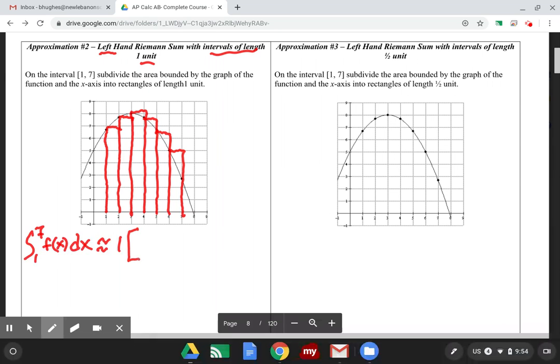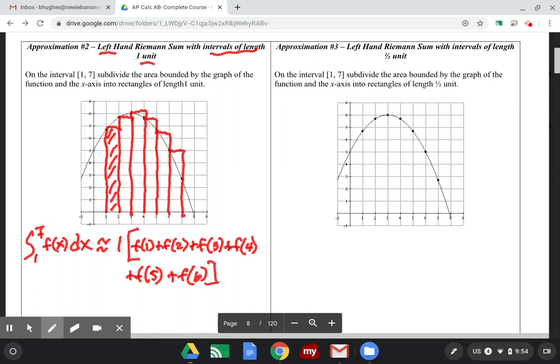So for this one right here, I find the height by using f of 1, and then I would have plus f of 2, plus f of 3, plus f of 4, plus f of 5, and then plus f of 6.